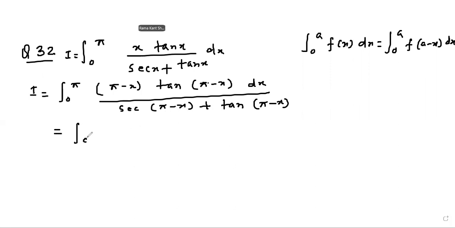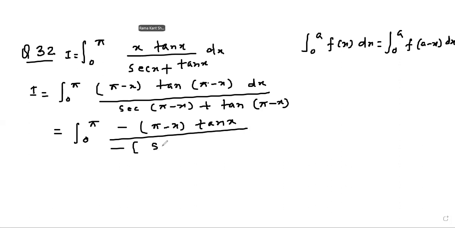So it will become 0 to pi, from here minus sign common, pi minus x tan x divided by minus common sec x plus tan x dx. Suppose this is equation number 1, this is equation number 2.